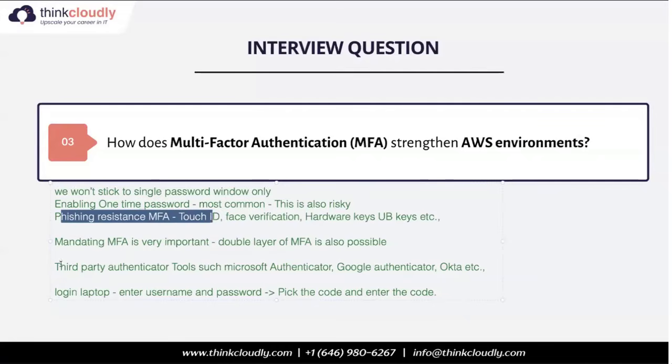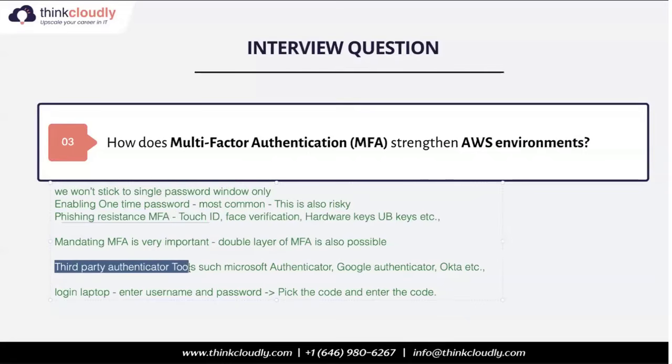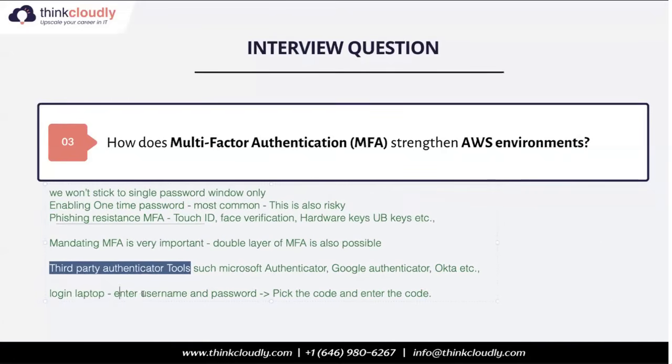And there is something called third-party authenticator tools. I'm not sure how many of you have already used these, like Microsoft Authenticator, Google Authenticator or Okta Authenticator. For example, if you're trying to log in to your laptop, you enter username and password.